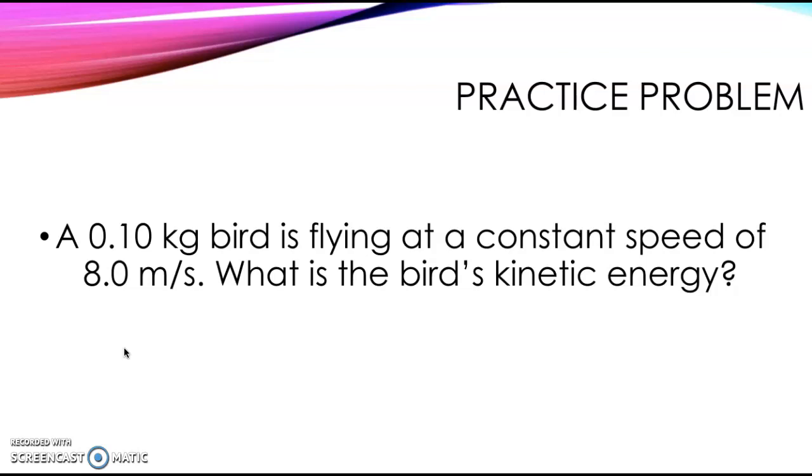The bird's kinetic energy is going to be 3.2 joules. How I did that is I plugged it once again into the formula. So I would do 0.5 times 0.10 times 8 squared. That is going to be the end of our practice problems.